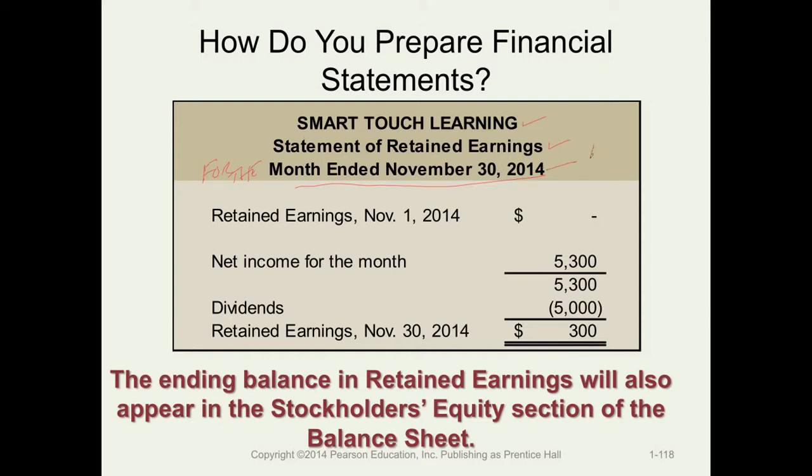So it's another flow statement, just as the income statement is a flow. It's the change in retained earnings over a period of time. Notice again that the company begins with no retained earnings, and that's because in our example, Smart Touch just began operations in this particular year or in this month, and net income for the month comes from the income statement.